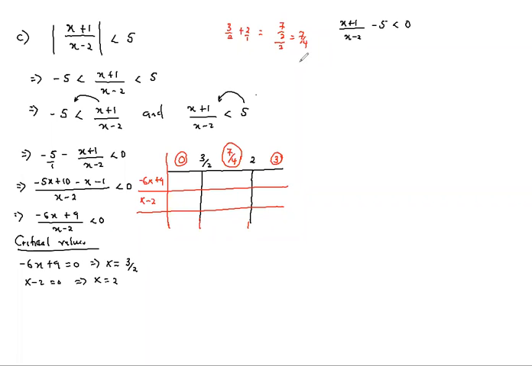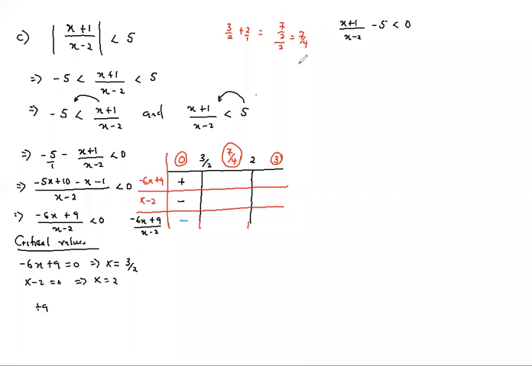If we substitute 0 in negative 6x plus 9, we're going to get positive 9, so it will be positive. If we substitute 0 in x minus 2, we'll get negative 2, which is negative. The quotient is negative 6x plus 9 over x minus 2. So if the top one is positive and the bottom one is negative, then we know we have a negative number.